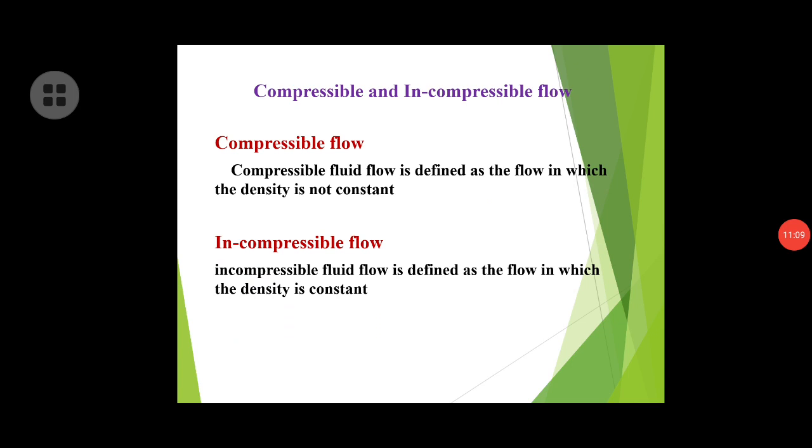Next is compressible flow and incompressible flow. Compressible flow is defined as the flow in which density is not constant. Incompressible flow is the flow in which density is constant, that is, the fluid is not compressed.